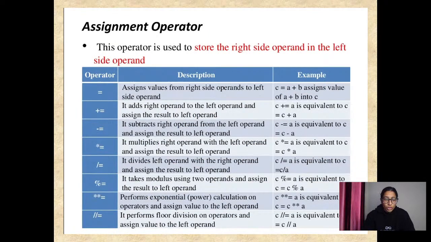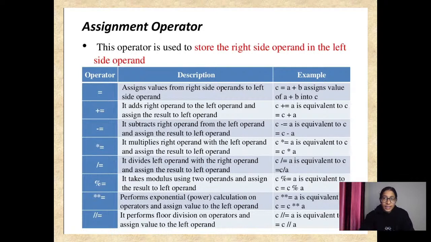Okay, now comes the assignment operator. What are assignment operators? How are they used and what are the basic formulations? Assignment operators are used to store the right side operand in the left side. Assignment operators are used in Python to assign some value to a variable.